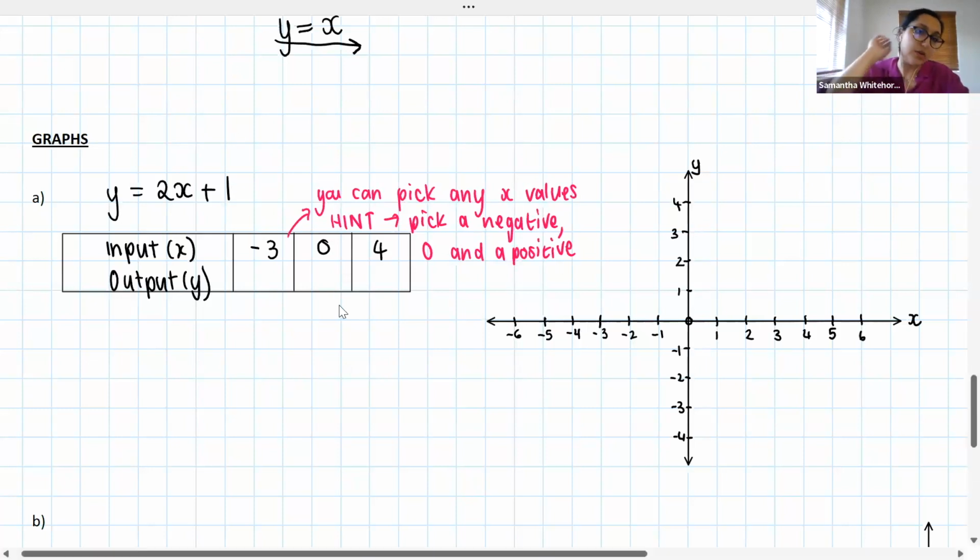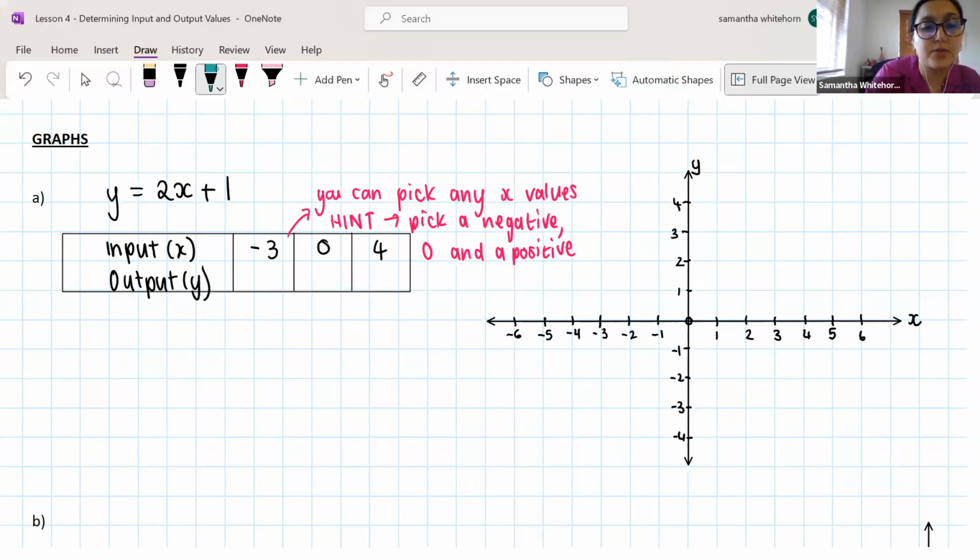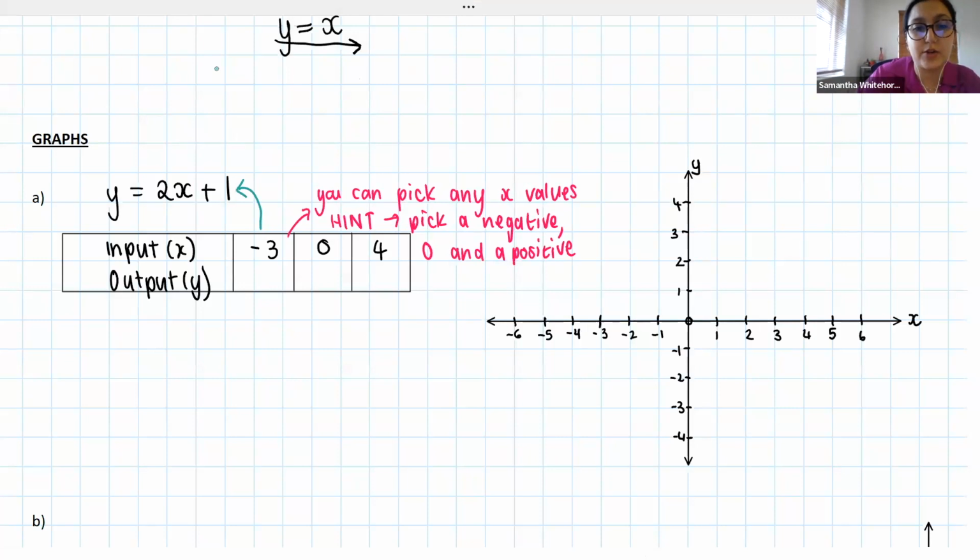So what we now want to do is take these input values that we've just got and apply the rule in order to get our output value. I'm going to give you 60 seconds, so 1 minute.